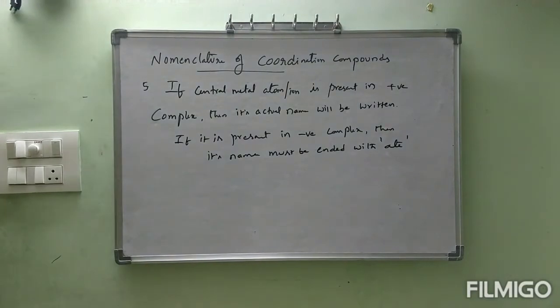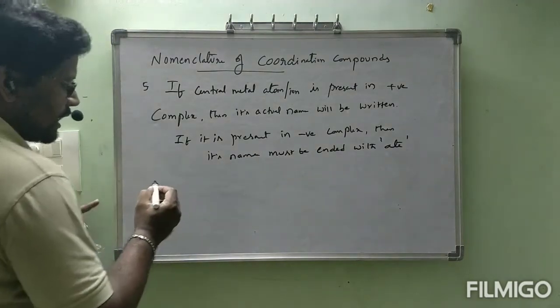Read this once: if the central metal atom or ion is present in a positive complex, then its actual name will be written. If it is present in a negative complex, then its name must end with -ate. Okay, let us see examples for these two.